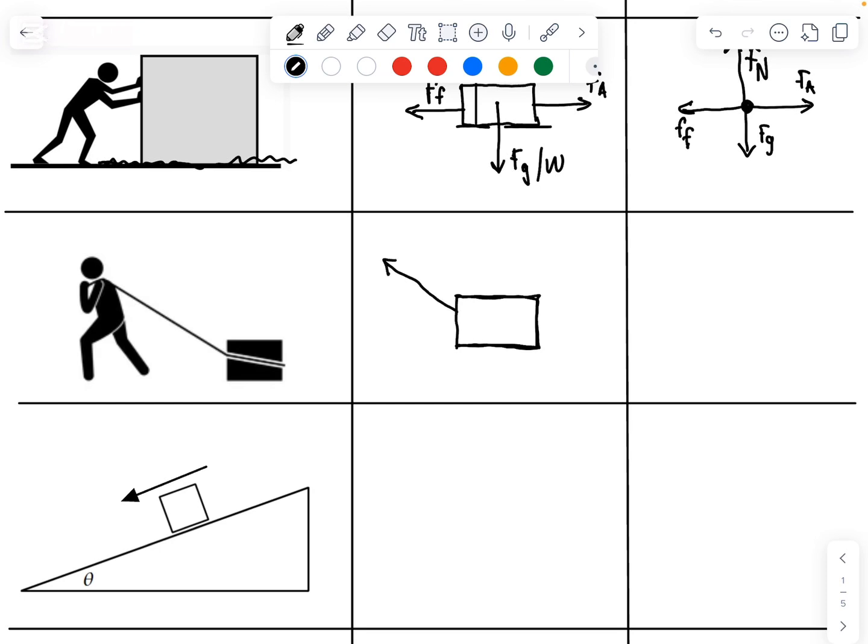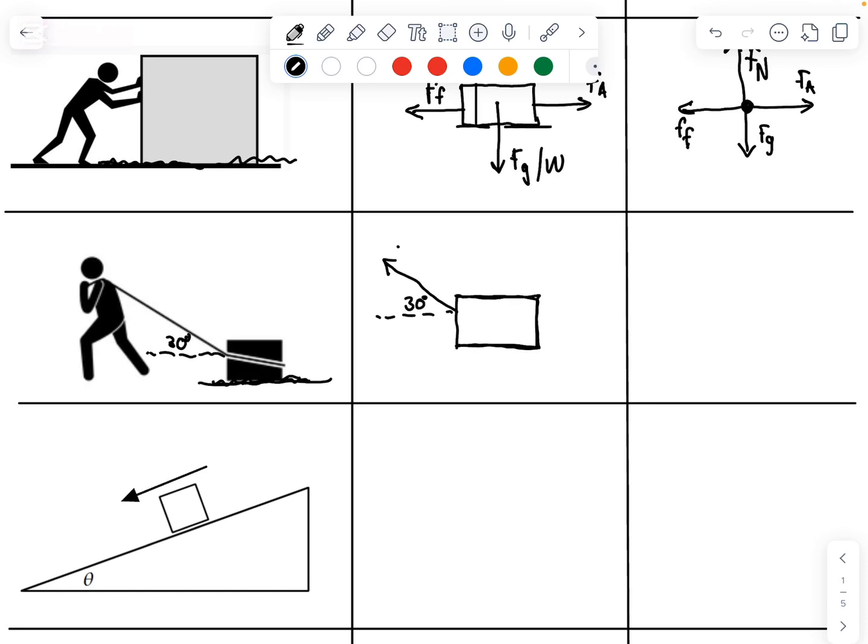So let us assume this person maybe is pulling this box at an angle of 30 degrees, right? So you'll put your 30 degrees here. And let us also assume that there is friction here. As this person is pulling the box, there is friction there.